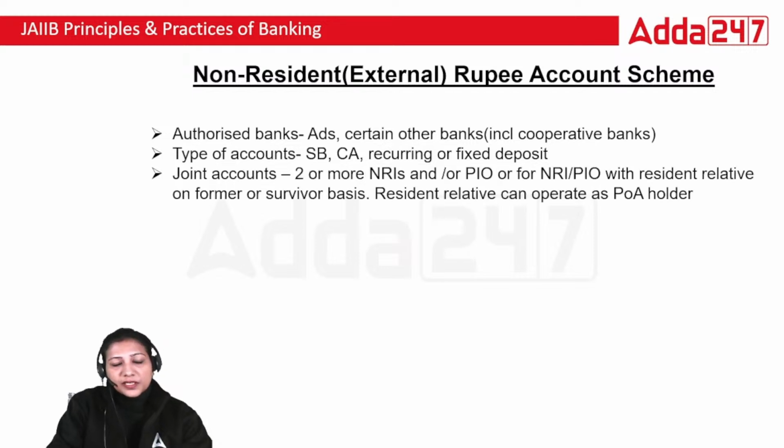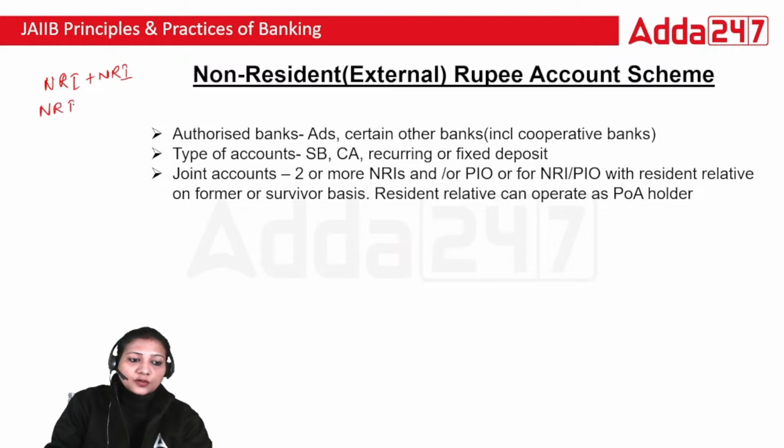Can this be opened jointly with any other person? Yes, two or more NRI or PIO can open the account jointly, or NRI plus non-resident. So it could be NRI plus NRI, or NRI plus resident Indian.